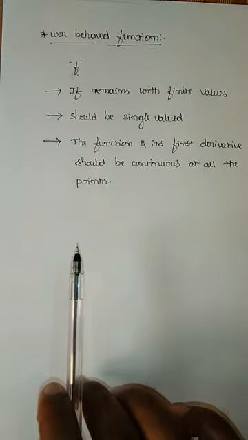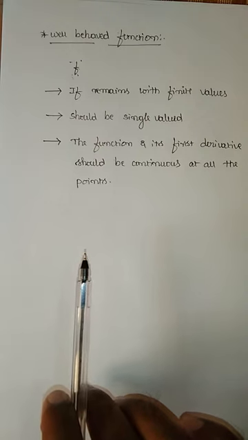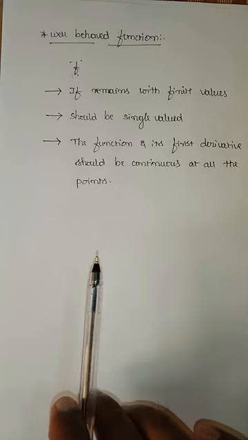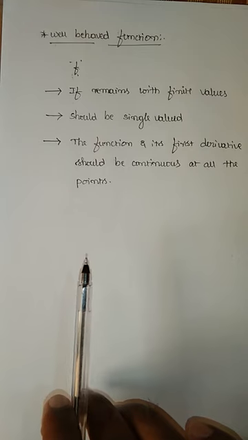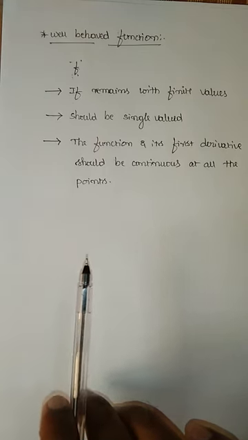As we said, the function should have a finite value and that finite value should be single valued. That means the function should have one and only one value at a particular point. It should not give 2 or 3 values for the function at a given point.